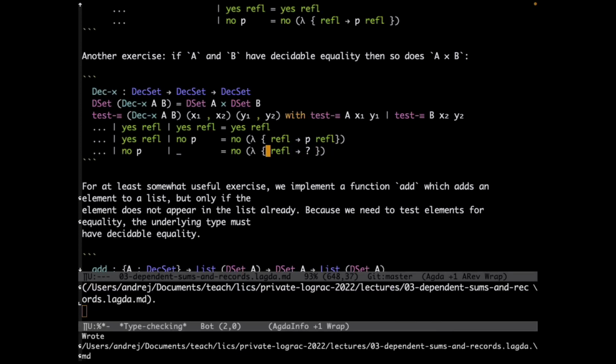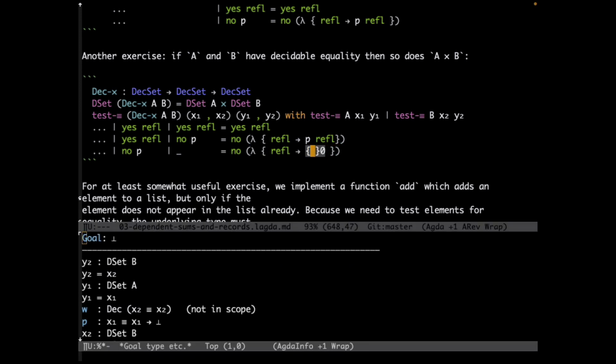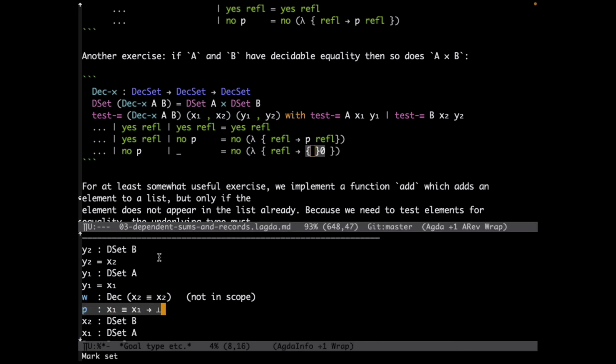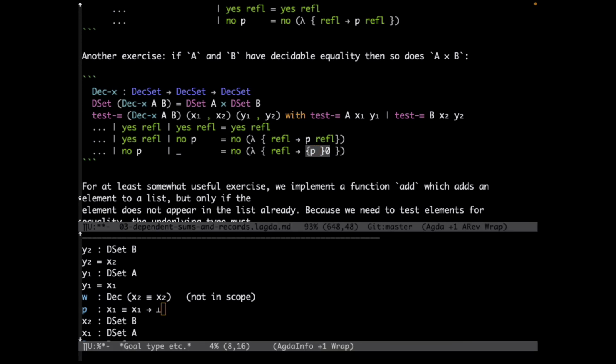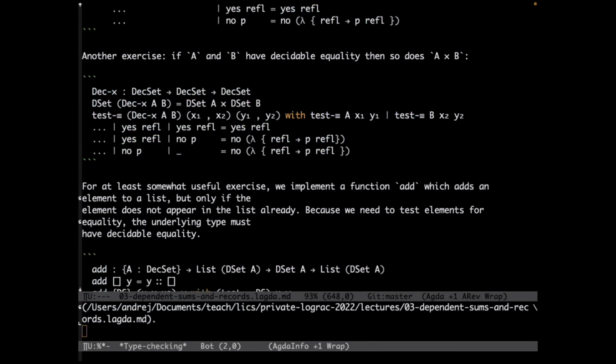And Agda says, well, it can only be reflexivity because it's an equality. And I look at this, and Agda says, well, you still have to derive a contradiction, but now y1 equals x1. So I stare at this and I say, oh, look, p, this assumption here that the first components are equal, this could be helpful. Can I use p? And Agda says, yep, you can use p. And then I look at this and I say, why is x1 equal to x1? Agda, do this for me, and I'm done.